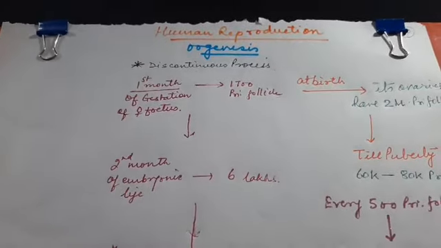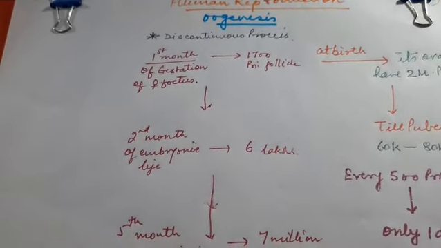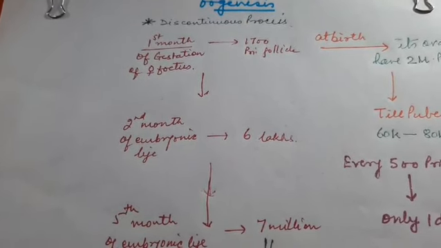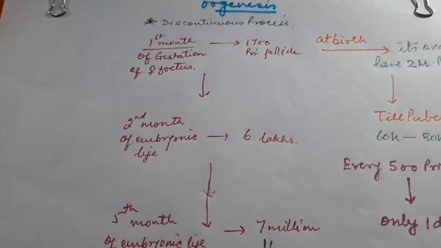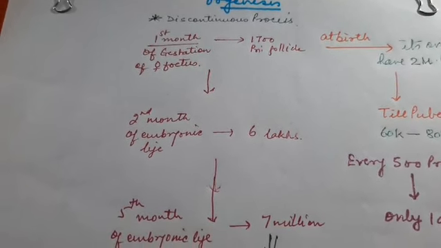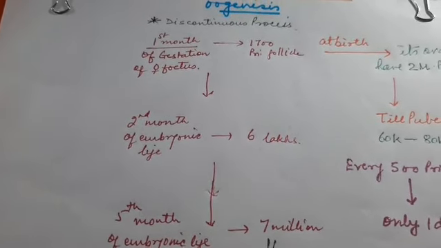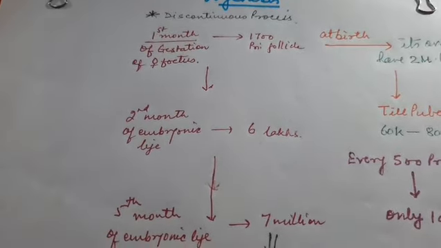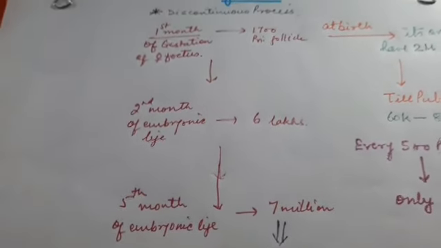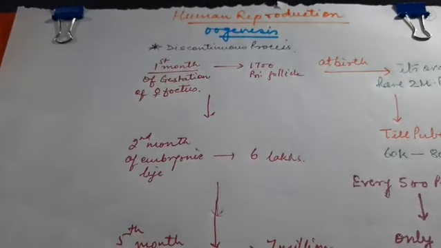By the 2nd month, the number becomes up to 6 lakhs as they continuously divide to form further follicles.